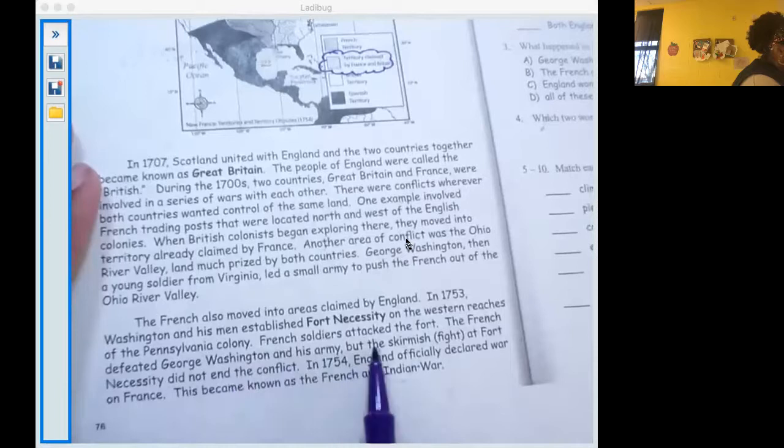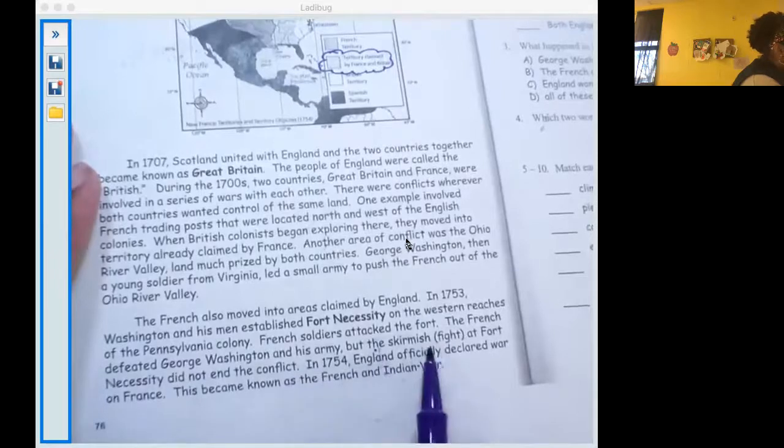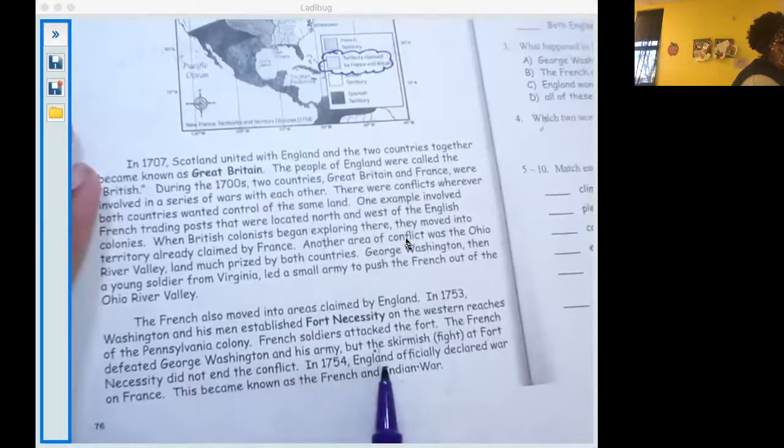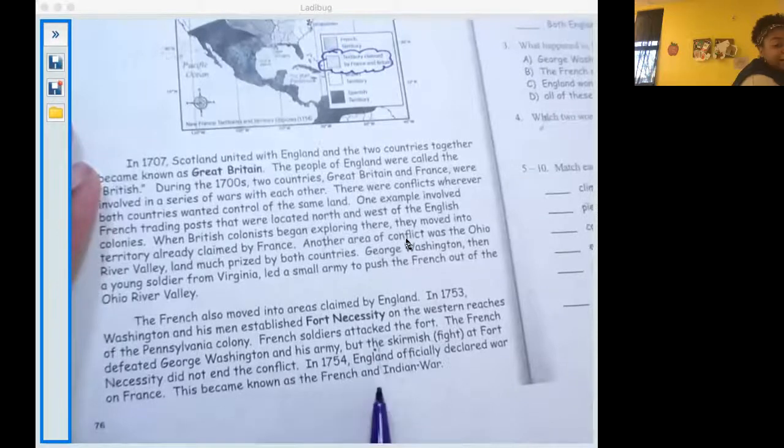French settlers attacked the fort. The French defeated George Washington and his army, but the skirmish, or fight, at Fort Necessity did not end the conflict. In 1754, England officially declared war on France. This became known as the French and Indian War.